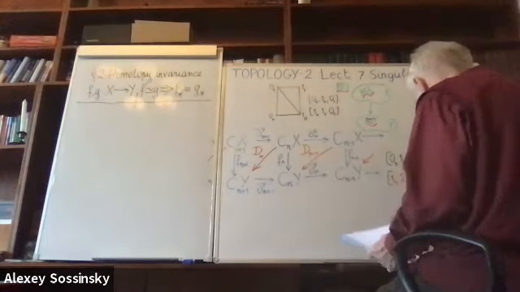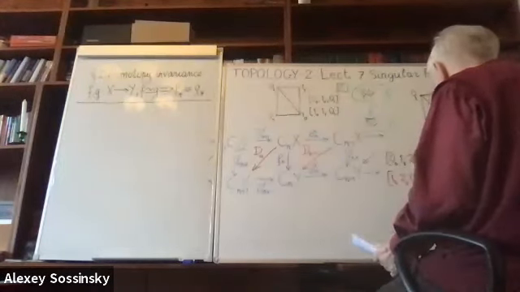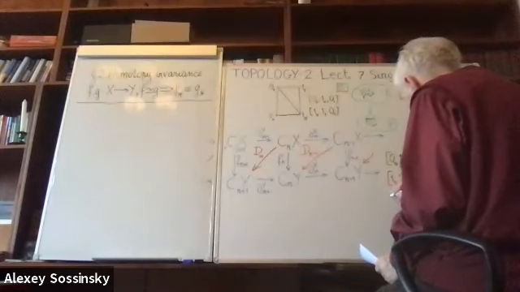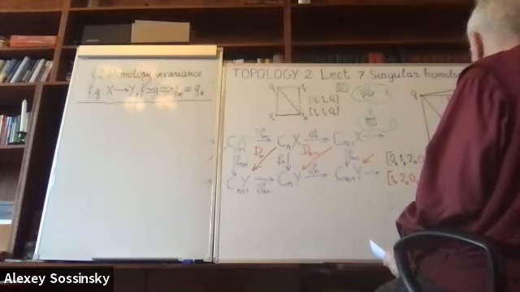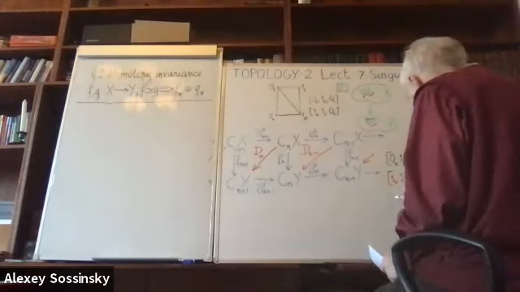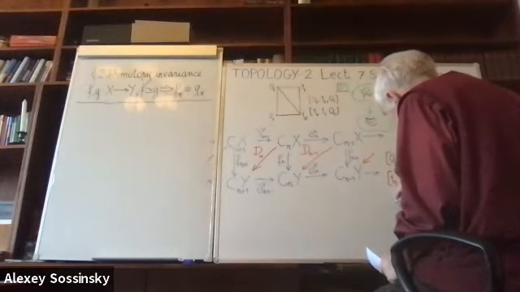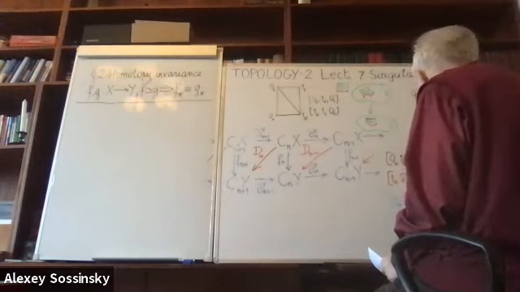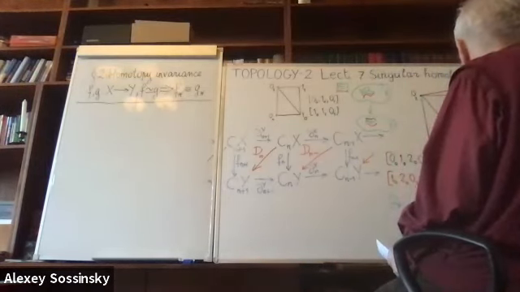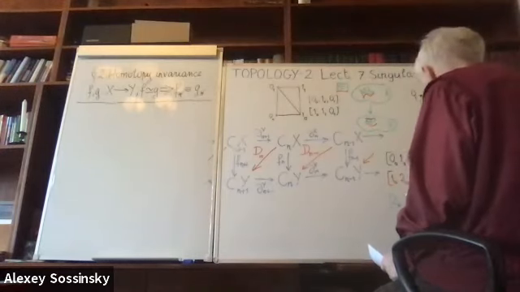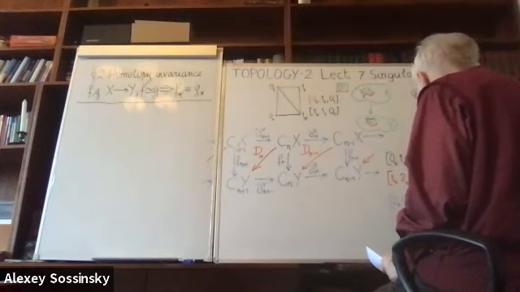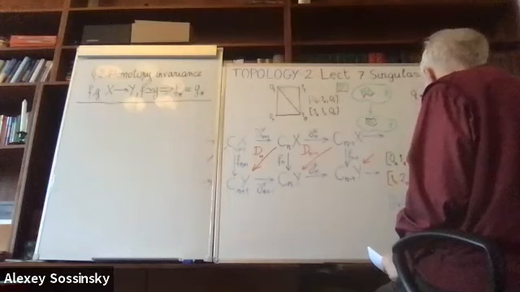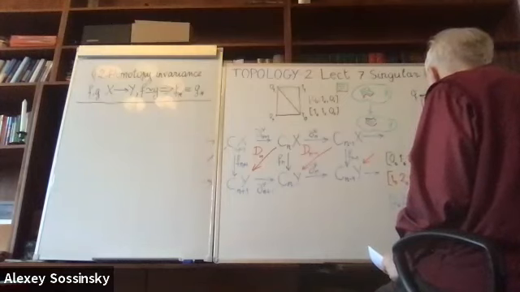And now for the blue simplex, we have only one vertex downstairs, which is (2,0). And then we have these three guys who are (0,1), (1,1), and (2,1).